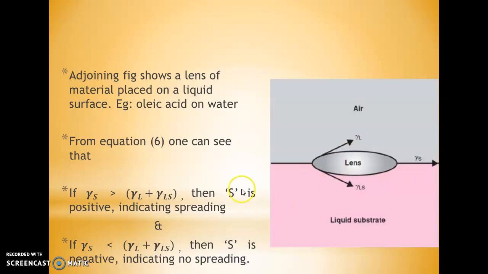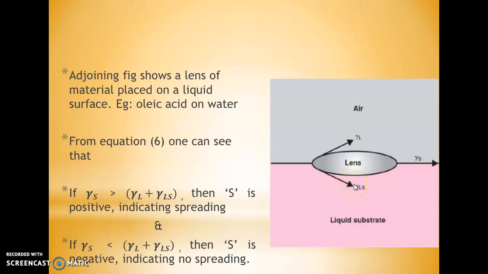From this figure, it can be clearly understood that spreading can occur when the value of gamma S is greater than the value of gamma L plus gamma LS. Then and only then can spreading occur.